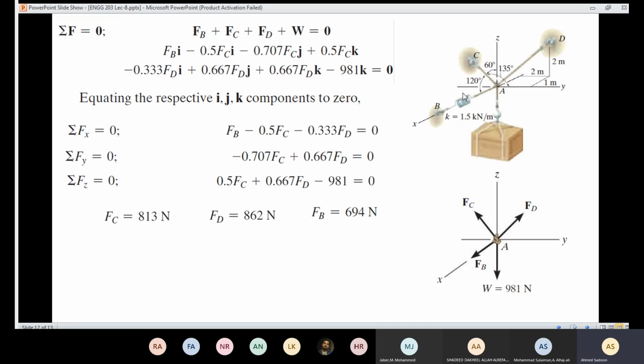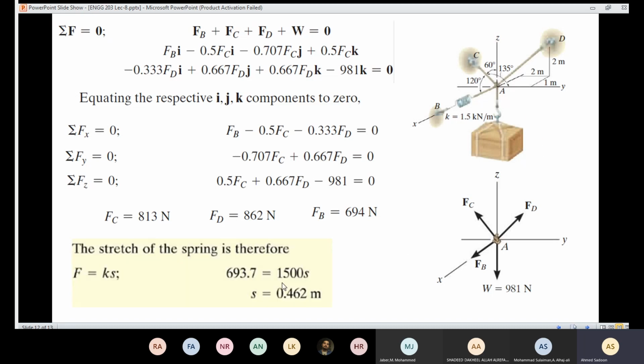Also, it's required to calculate the stretch in AB. Since I know the force in AB, which is FB here, and I know the constant of the spring, I know that the force acting on that spring is going to equal the spring constant times the stretch. So FB here equals K, the constant here, times S. So the force here, I have 694, is going to equal 1,500.